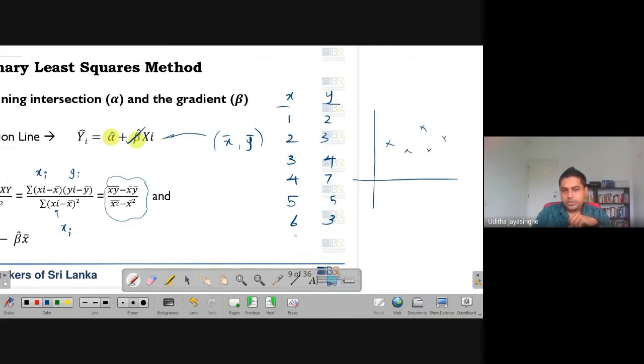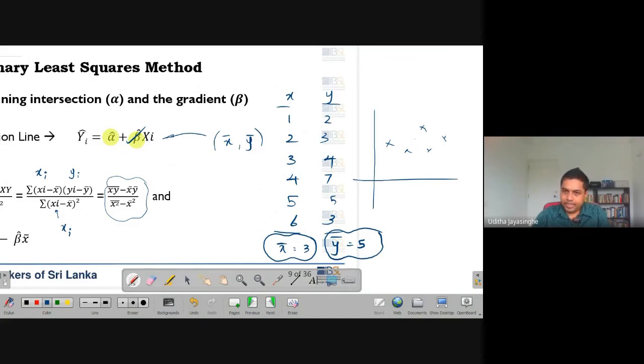Now for these values, students, we can calculate an x bar, let's say 3, and y bar is going to be something like 5. Now if you really look into these values, this x bar of 3 and y bar of 5 are not actual data points.